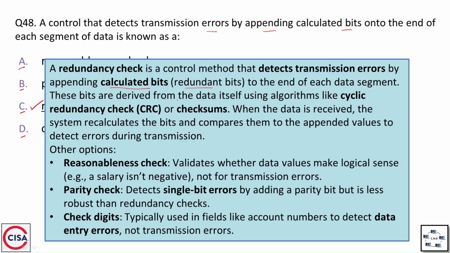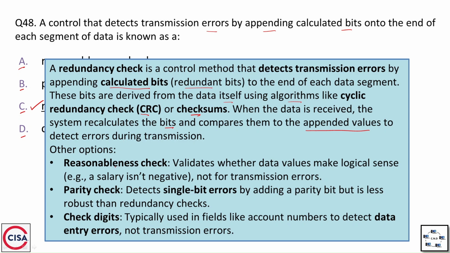These bits are derived from the data itself using algorithms like cyclic redundancy check, CRC, or checksum. When the data is received, the system recalculates the bits and compares them to the appended values to detect errors during transmission.